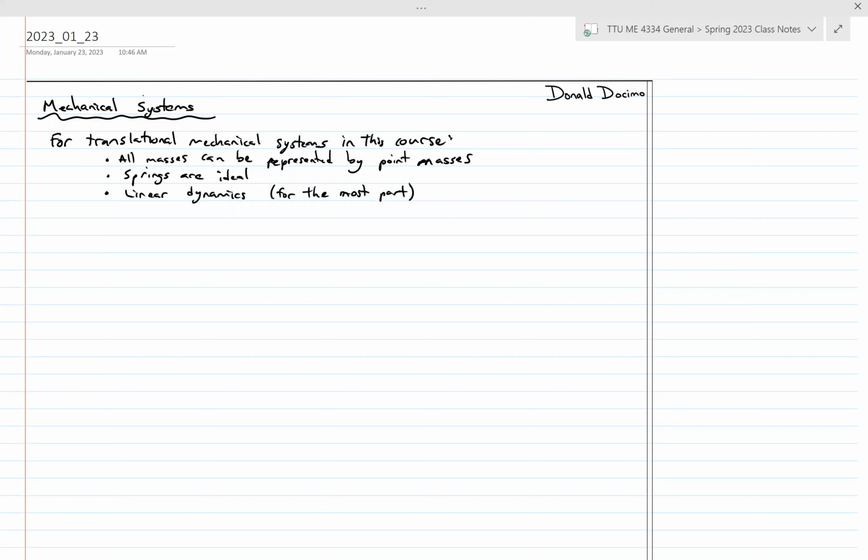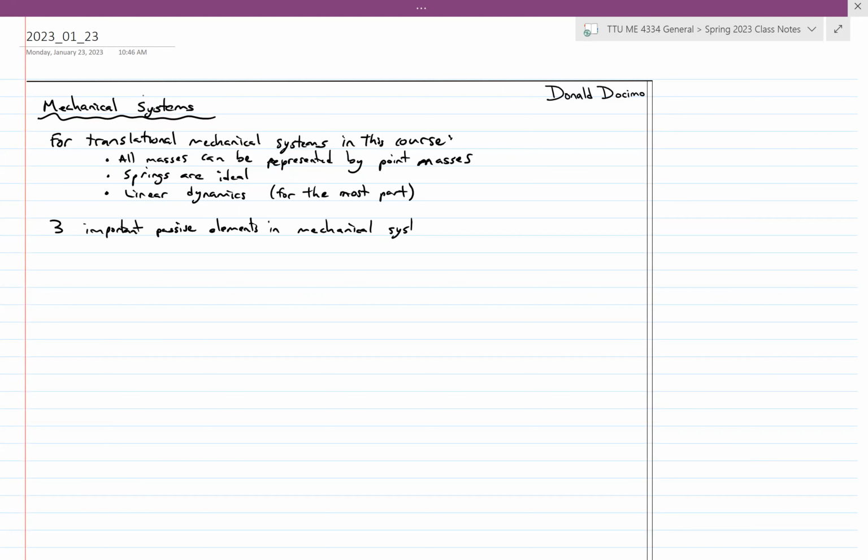All right, so there are 3 important passive elements in mechanical, specifically translational mechanical systems. Who can name me one of them? Important elements of mechanical systems.